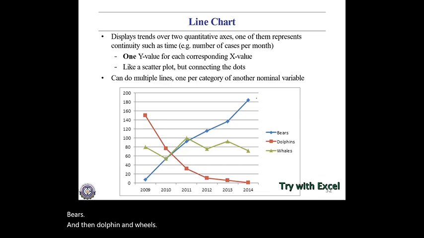This one is year and this is number. So one Y value for each corresponding X value, like a scatter plot, but connecting the dots.